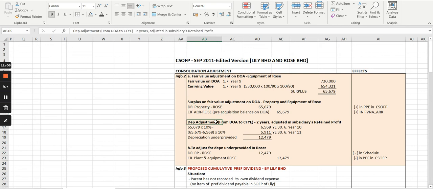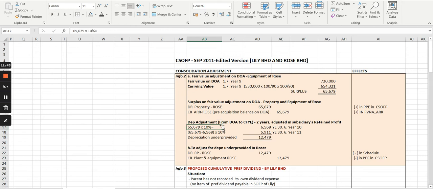The second one is the depreciation adjustment that you need to do from the date of acquisition, 1st of July year 9. You need to do it for 2 years because the current financial year end is 30th of June year 11. This is to be adjusted in the retained profit of the subsidiary, because the subsidiary has not done the depreciation according to the fair value. The fair value must be reflected in the group consolidation, so the depreciation adjustment should also be based on the fair value.